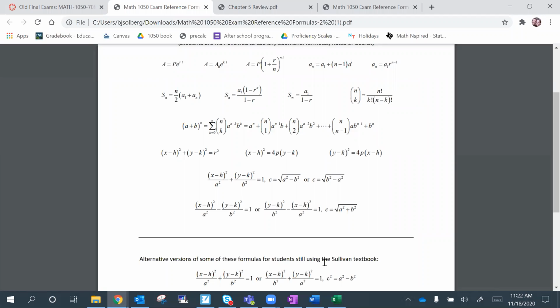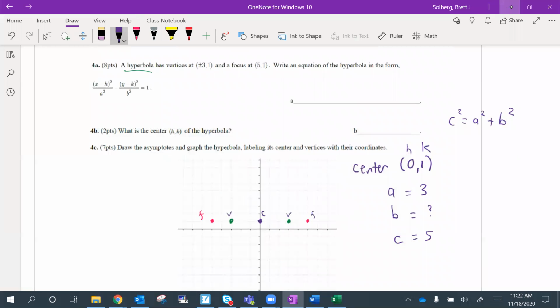So you don't have to memorize them, you just have to refer back to your formula sheet and you'll be okay. But yeah, we'll use a Pythagorean theorem here and say, okay, if this is 5 and this is 3, what will b be? Well, that's 25, 16.